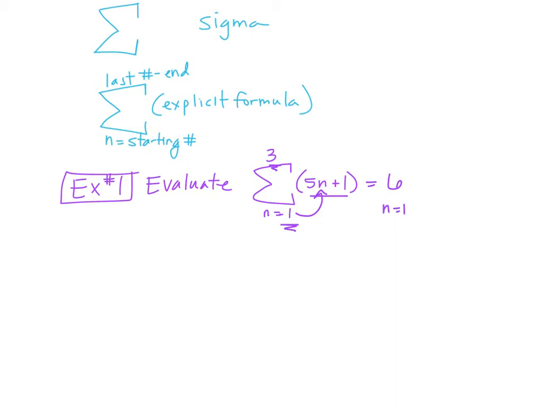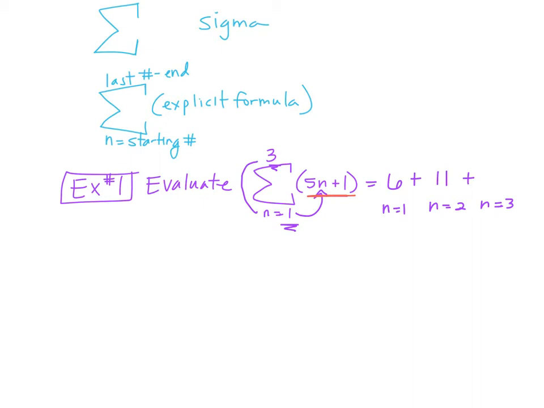We want to add to that the sum of everything from 1 to 3, which means we need n to equal 2 and we need n to equal 3. So if we plug in a 2 for n, 5 times 2 is 10 plus 1 is 11. So when n is 2, then the term is 11.